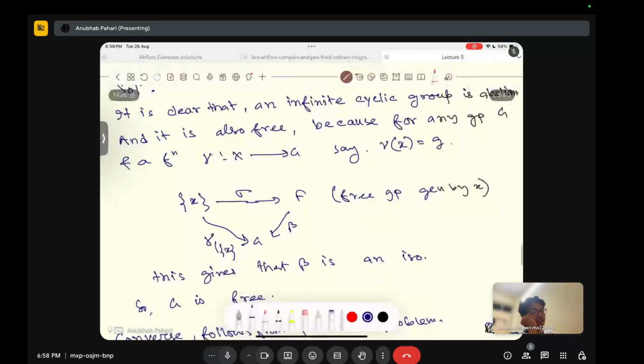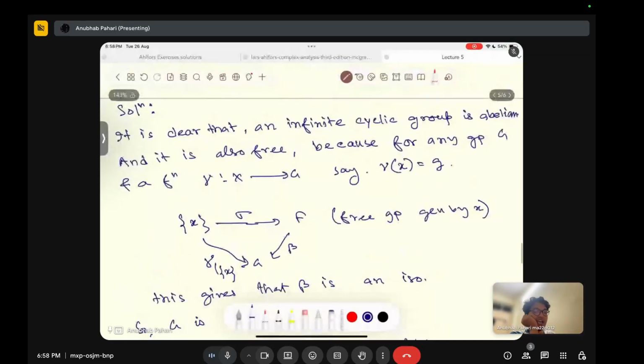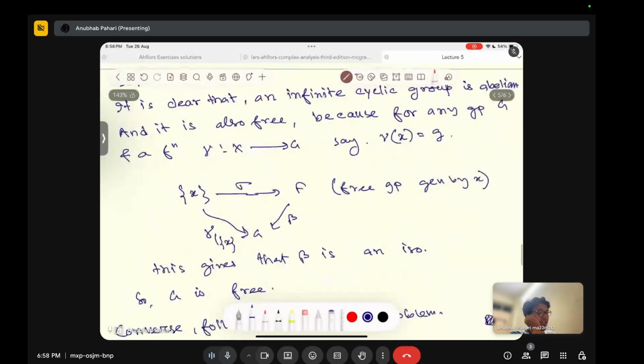I had G, which is infinite cyclic. Then I took the free group generated by X, right?